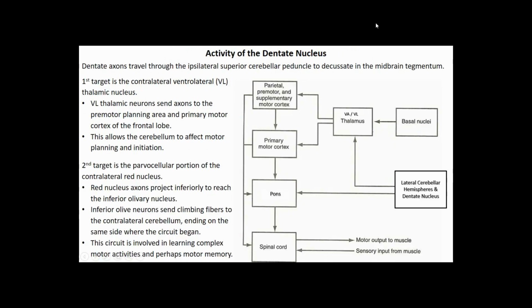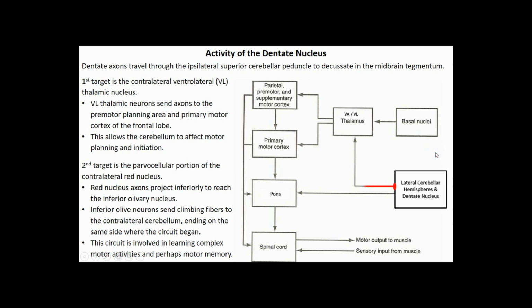So now let's talk about how the dentate nucleus is actually able to do what it does. On this slide, we've got the lateral cerebellar hemispheres and dentate nucleus represented here. The lateral cerebellar hemispheres project Purkinje cell inhibitory axons to the dentate nucleus. Now the dentate nucleus wants to help us plan and coordinate new motor activity and really smooth it out.